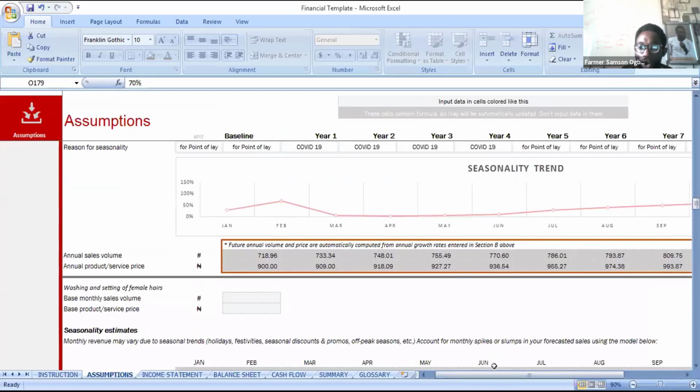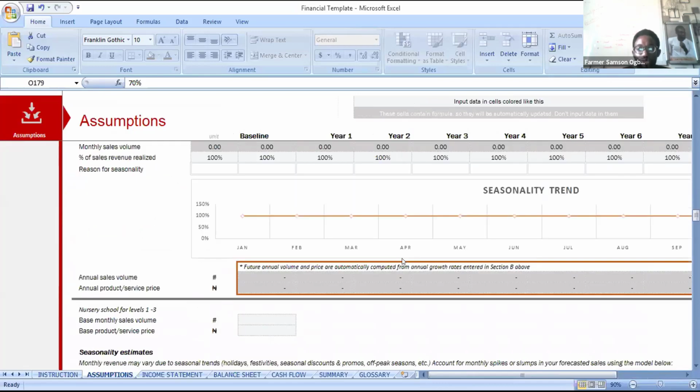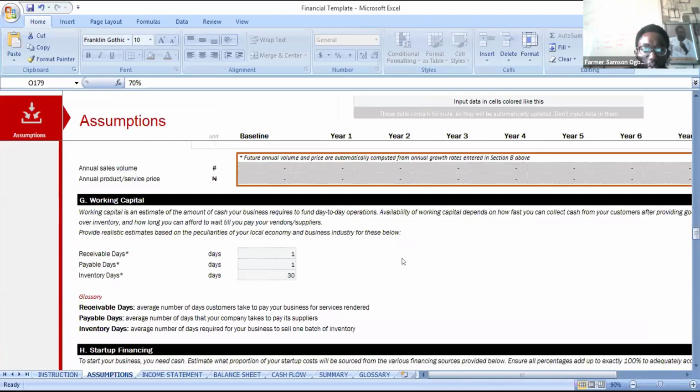For all the products or services that you list, we are going to do the same thing step by step. Then next is your working capital. Under working capital, we want to know your receivable days, which means when you sell your product or perform your service, how many days pass before your customer pays you?